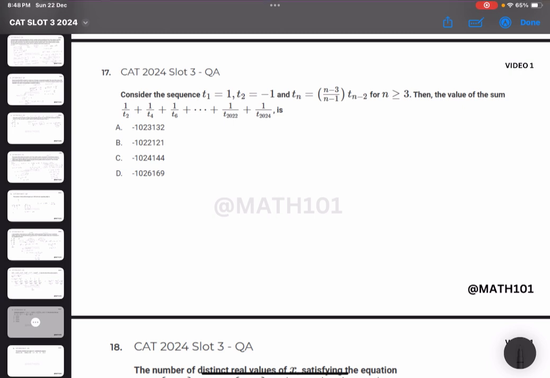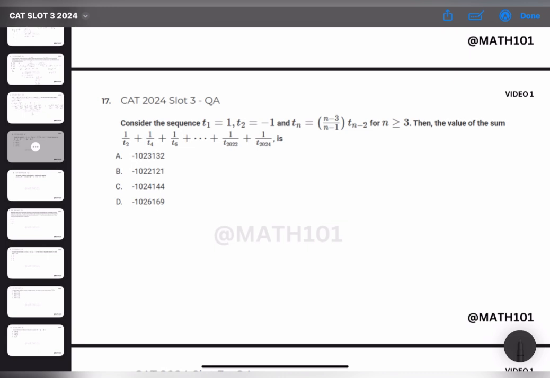Consider the sequence t1 is 1, t2 is minus 1. Tn equals n minus 3 upon n minus 1 times Tn minus 2. We have T2 equals minus 1. Let's try to find T4.